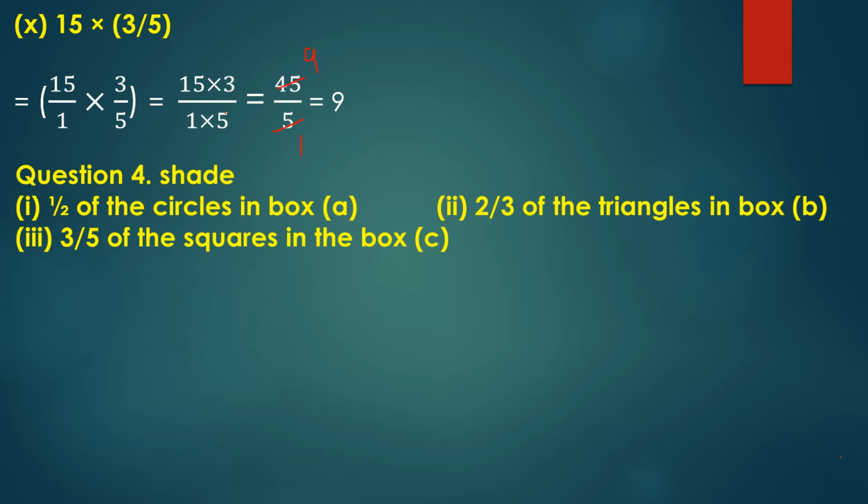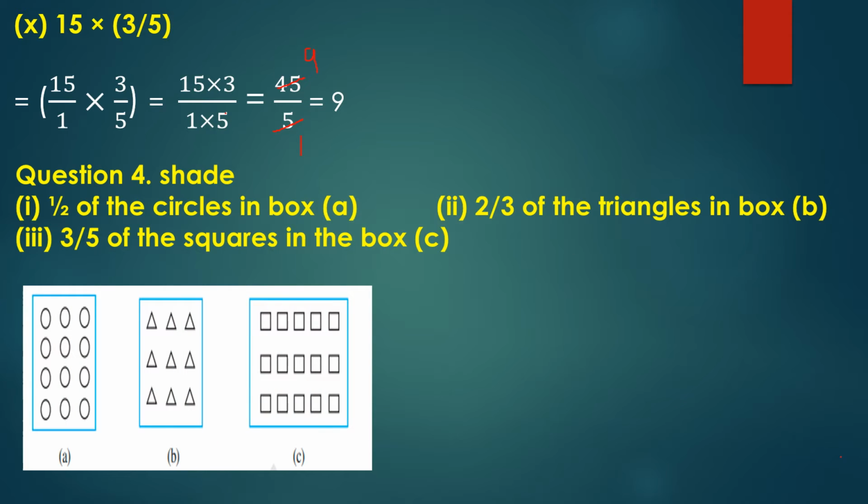And second, 2 by 3 of the triangles in box B. So in box A we have to shade 1 by 2 of the circles, and 2 by 3 of the triangles, and next 3 by 5 of the squares in box C. So how many circles, triangles and squares need to be shaded?